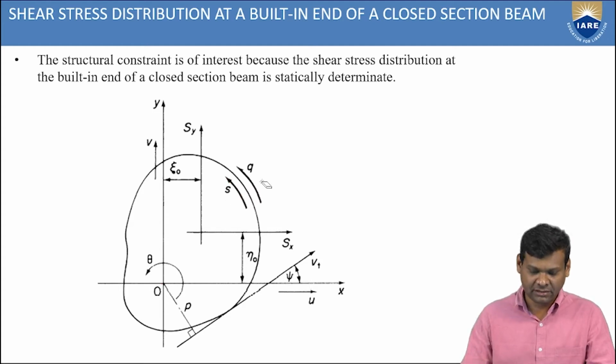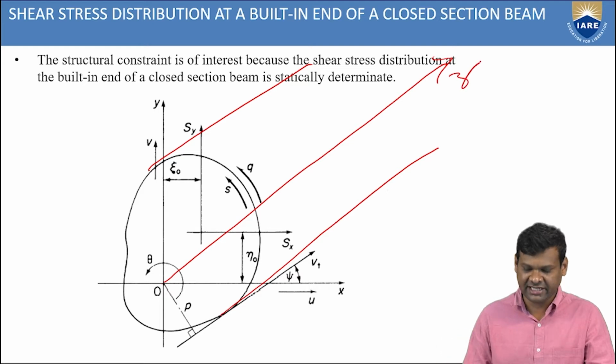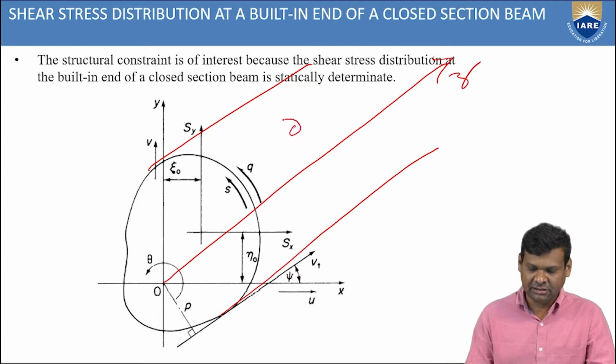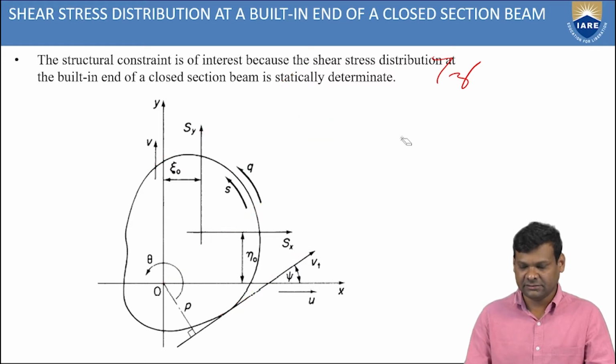That means the beam can be drawn along this direction like this, and this is the z axis. Let us put it along the length. This is the z axis, and dou w by dou z, that is the deflection along this point with respect to S, is 0 at the built-in edge condition.